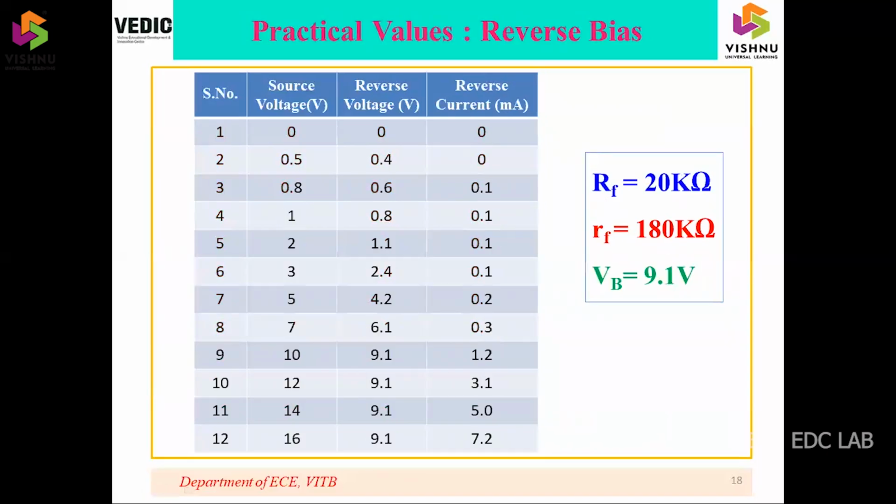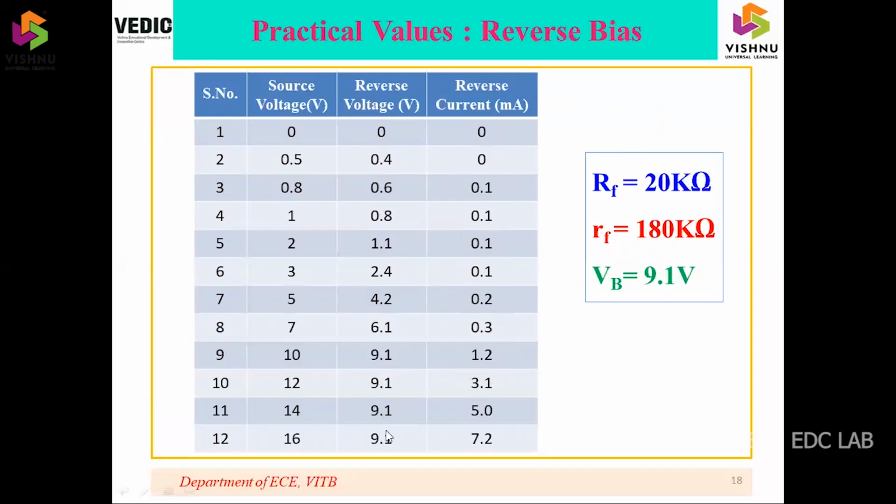And these are the practical values obtained from the Zener diode reverse bias. Here also, by changing the supply voltage, note down the reverse voltage across the diode and the reverse current flowing through the Zener diode. Up to 9.1 volts across the Zener diode, a very small change in current can be observed.